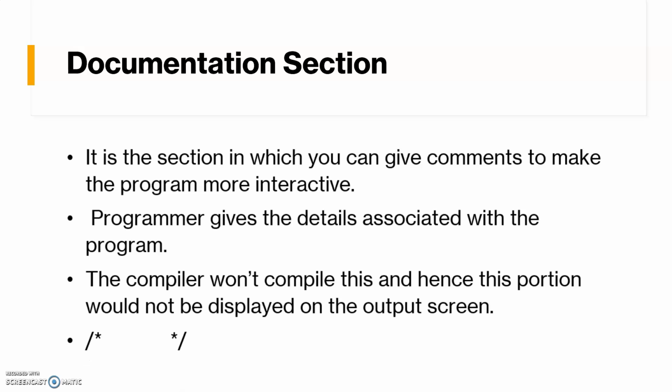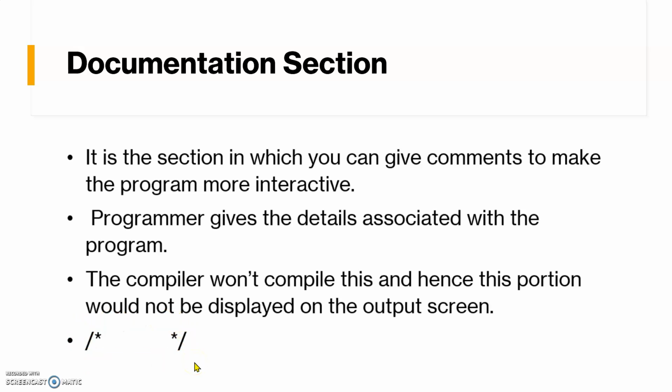In between slash and star, you can write whatever you want, and that will be considered your documentation section or comment lines. It is not necessary that the documentation section be the first statement of your program. You can include comment lines anywhere throughout your program.